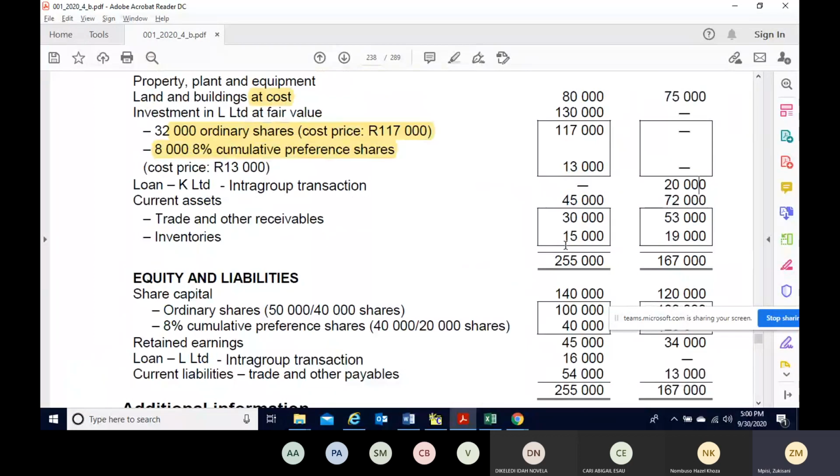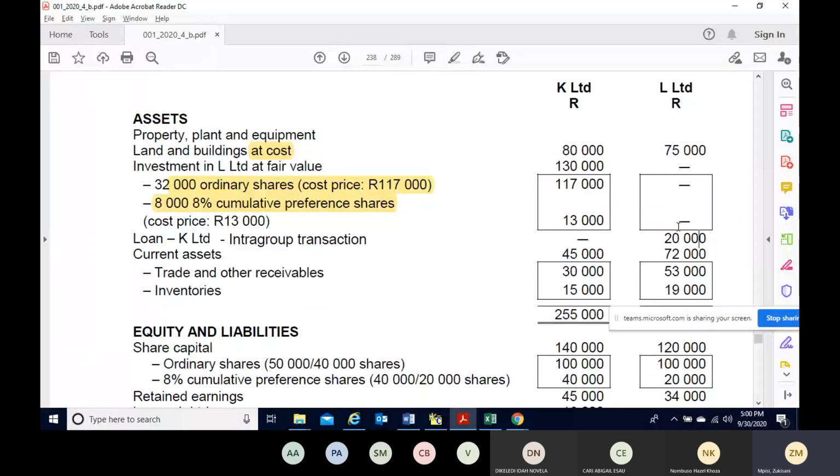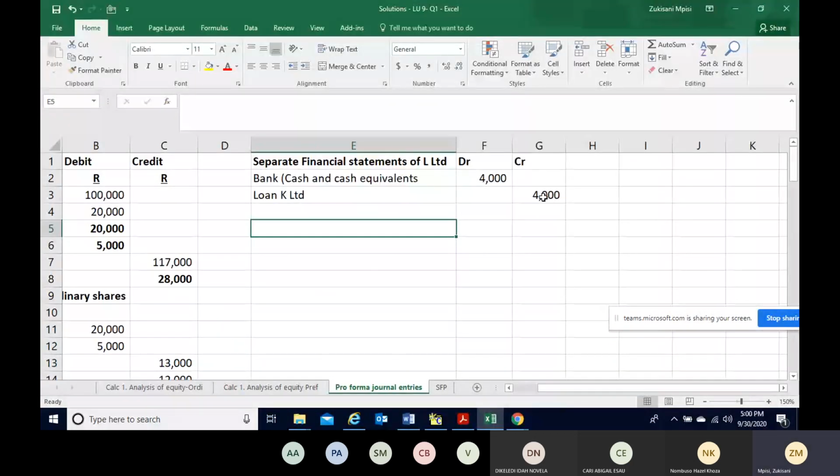So this simply means that when this 4,000 is received by L Ltd, it reduces the amount that was owed.